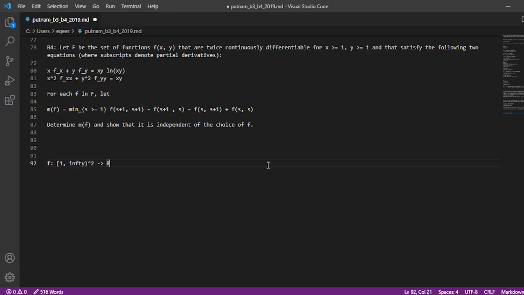So one idea would be to try to define some alternative function which would be harmonic, but I'm really not sure how to go about doing that. Yeah, I'm not sure.